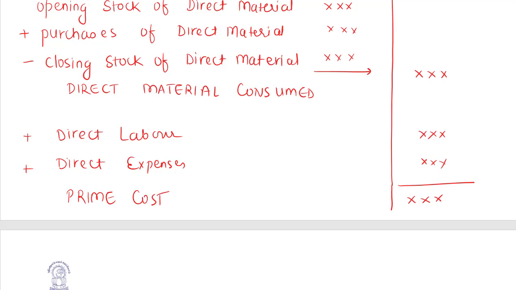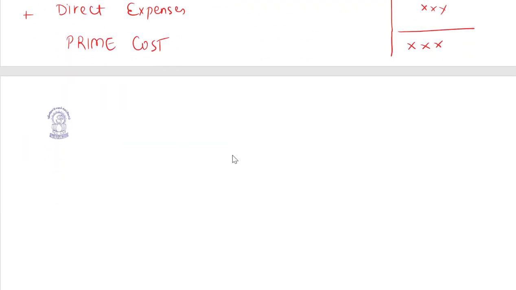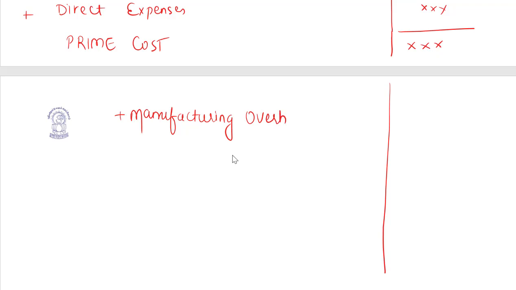Now plus manufacturing overheads. This will give you gross manufacturing cost.